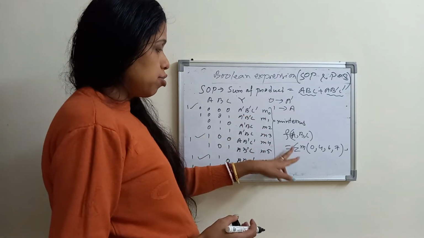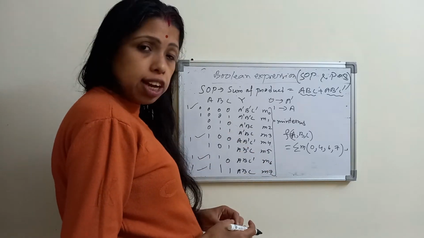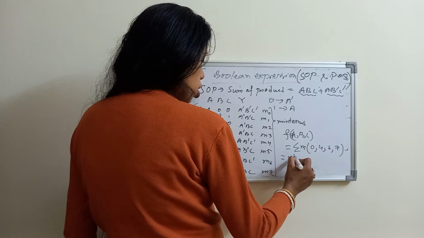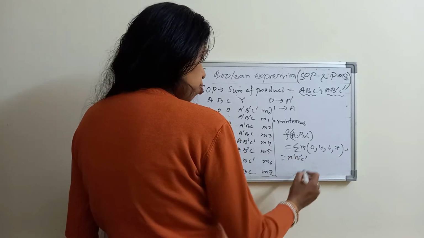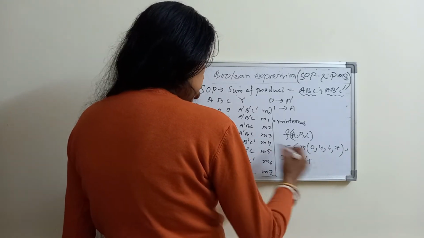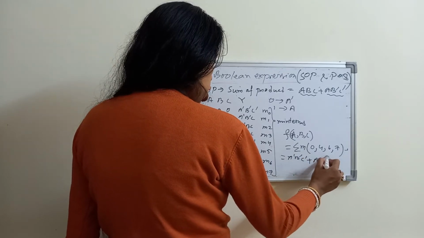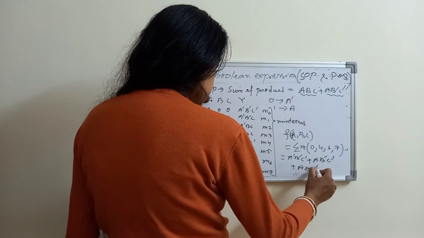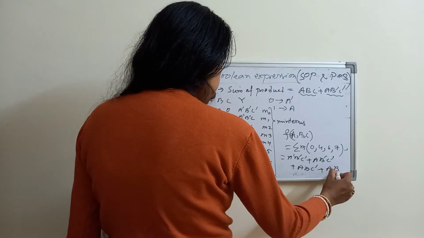So suppose you have this question, if you want to get the logical expression, how can you get it? M0 is A prime, B prime, C prime. M4 is A, B prime, C prime. Then A, B, C prime and A, B, C.